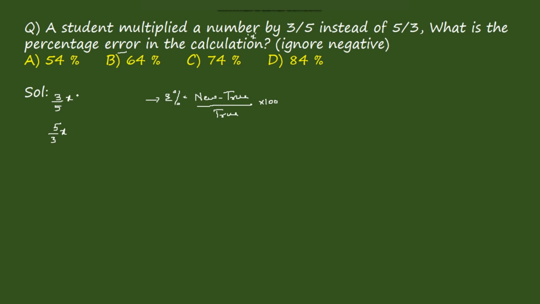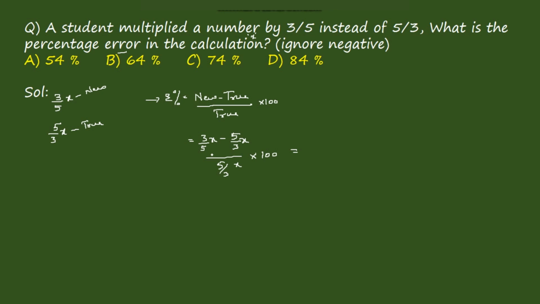It is 3 by 5 x, and the true number is 5 by 3 x. Then we can substitute the values. It gives us (3 by 5 x minus 5 by 3 x) by 5 by 3 x into 100.